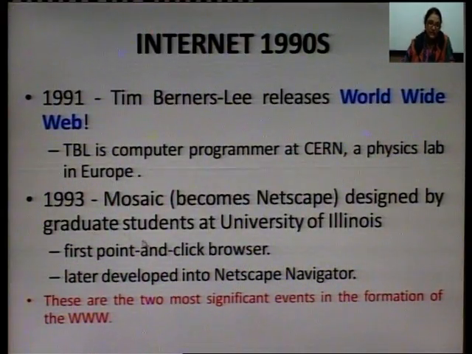In 1993, Mosaic, which becomes Netscape later on, was designed by graduate students at the University of Illinois. It was the first point and click browser. Later it was developed into Netscape Navigator. These are the two most significant events in the formation of the WWW.